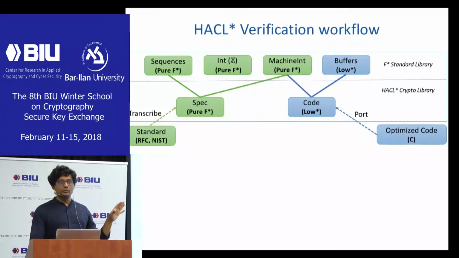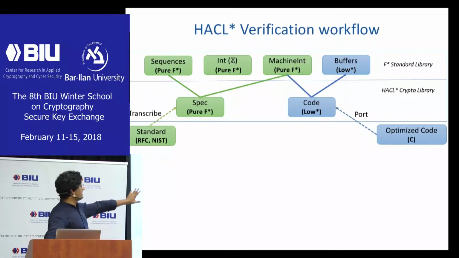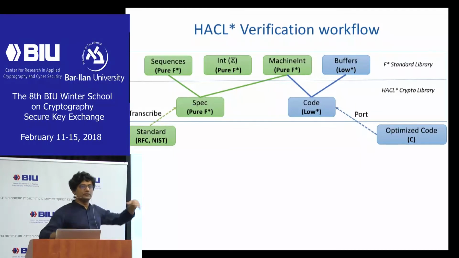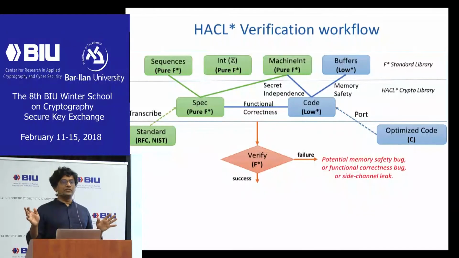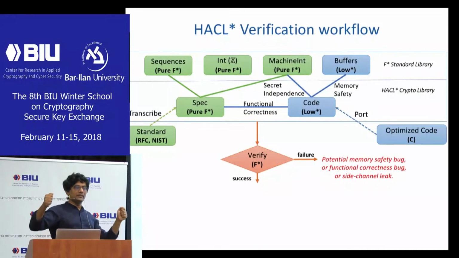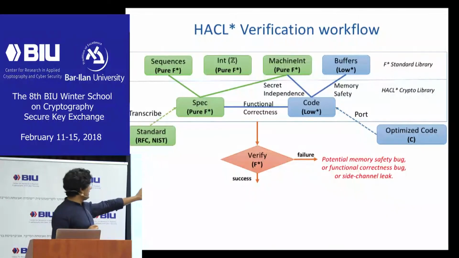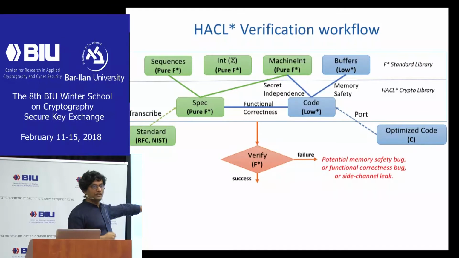And now that you have these two implementations, one which is a spec, which is in F star, and the code which is also in F star, but in a subset of F star called Low star, we can now do the verification. So we can take the spec and the implementation, link them together, and try to prove that the code matches the specification. This is called functional correctness.